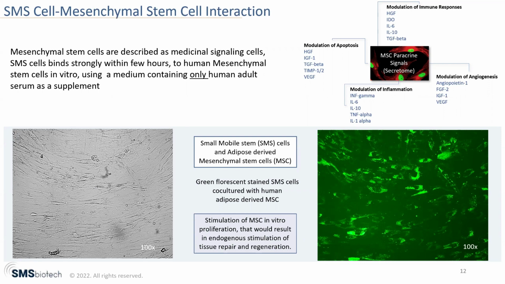So having the SMS cells bind to mesenchymal stem cells, stimulate their growth, and even change their gene expression ought to be extremely important indeed. This way, we can achieve endogenous stimulation of mesenchymal stem cells by simply introducing the resilient SMS cells to the body.